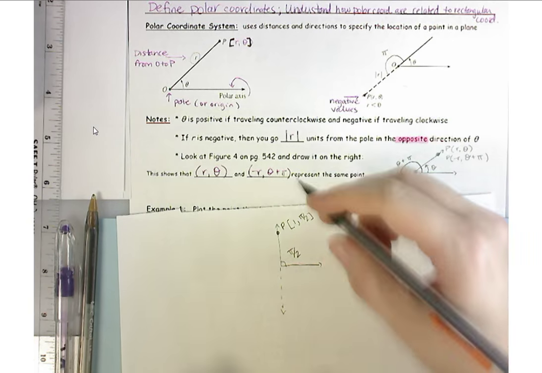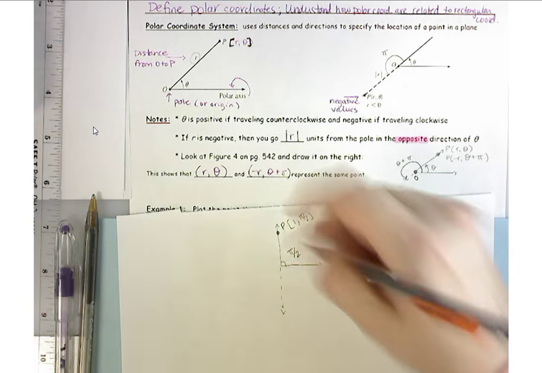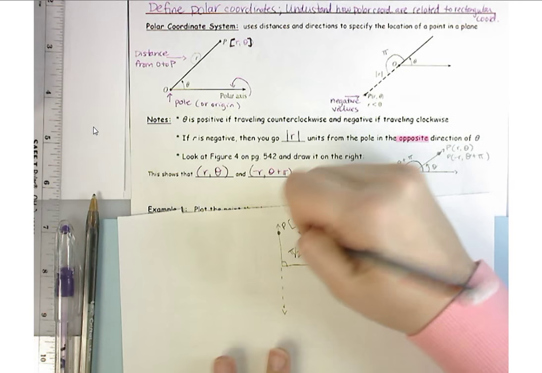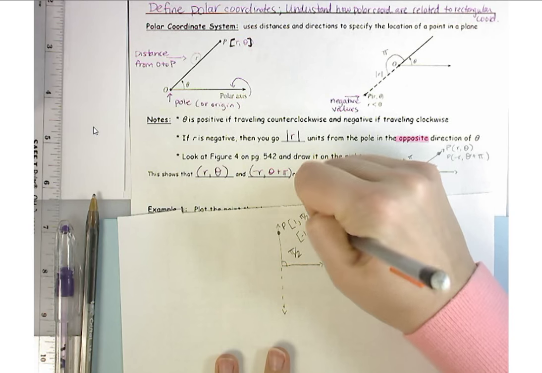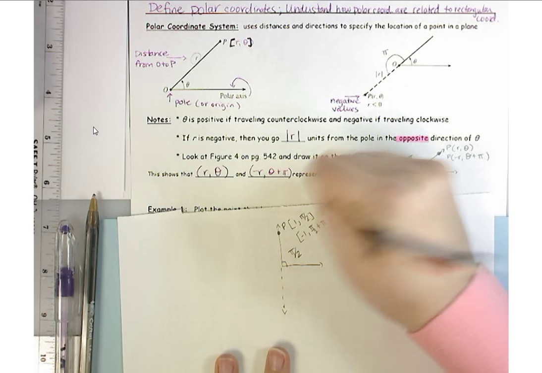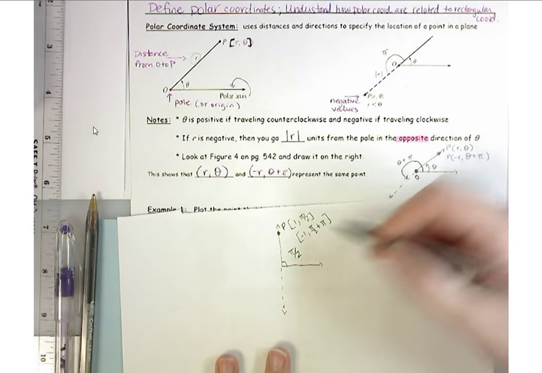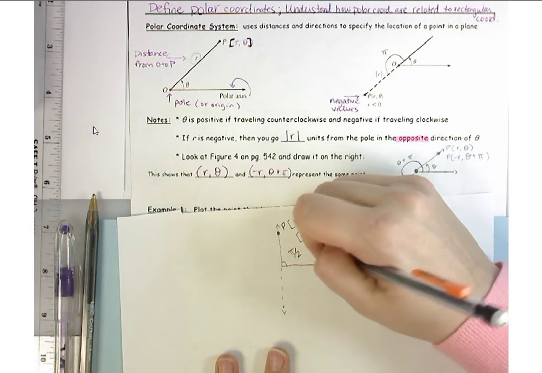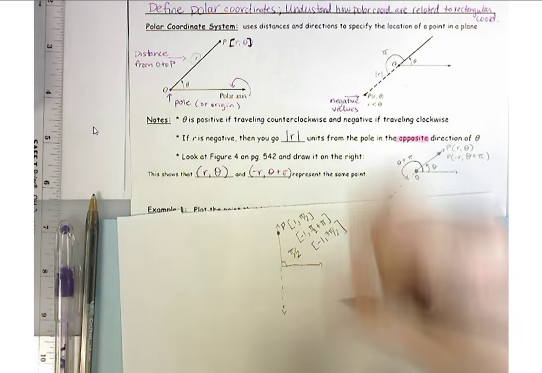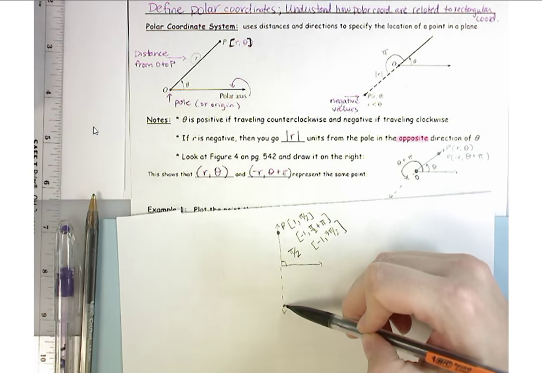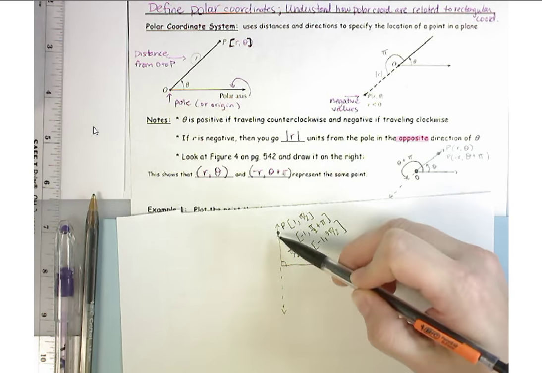So if you had a negative value, if you wanted this same place, it would be negative 1, pi over 2 plus pi. Okay, which would end up being what? What's pi over 2 plus pi? 3 pi over 2. Okay, because if I go to 3 pi over 2 and then I go the opposite direction, I would be right here back at P.